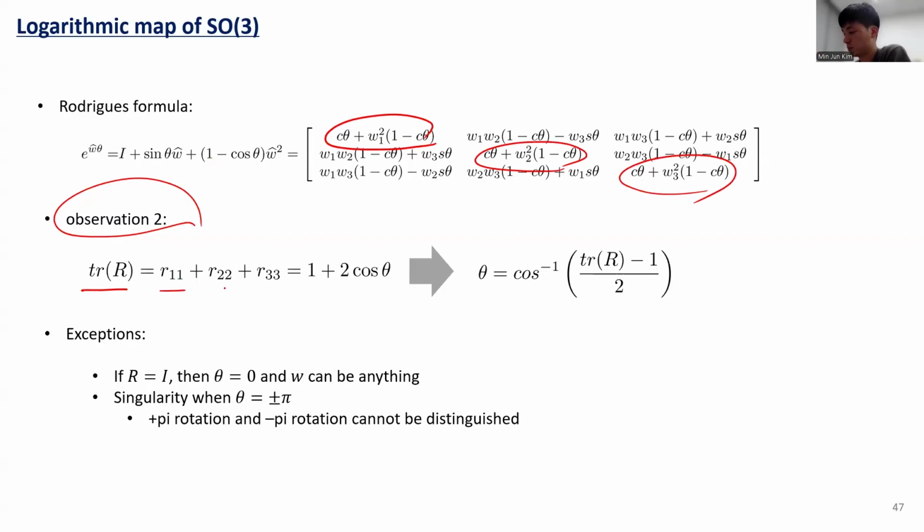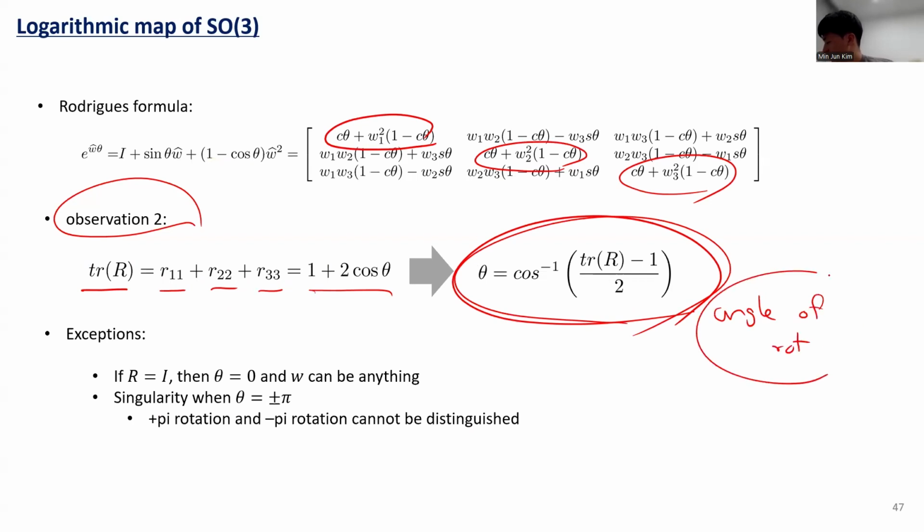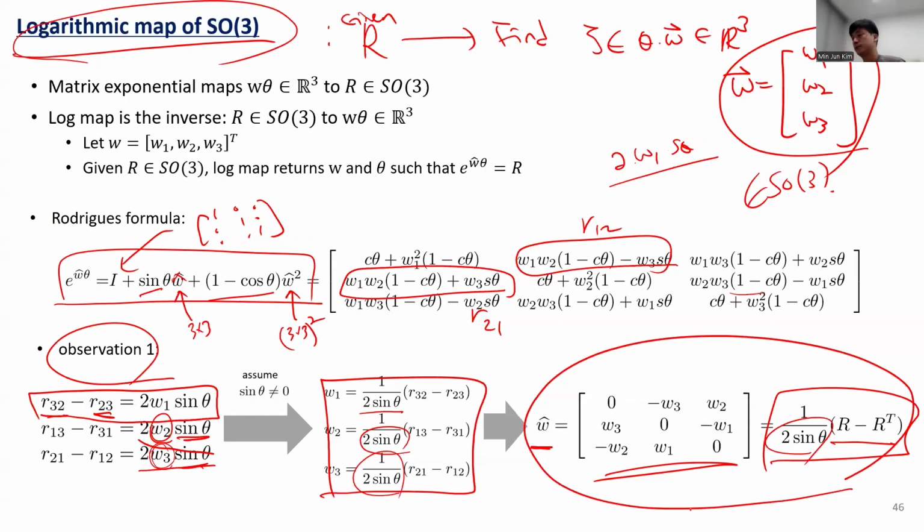So R11 plus R22 plus R33, and that's always 1 plus 2 cosine theta, right? So here we can obtain the value of theta. This one gives you the angle of rotation. And once the angle of rotation is found, you can find the axis of rotation here. Okay.